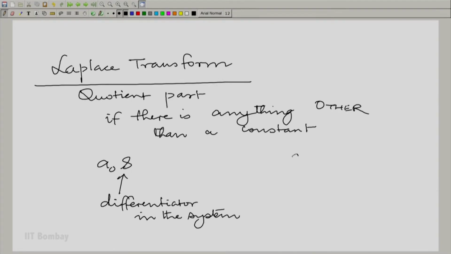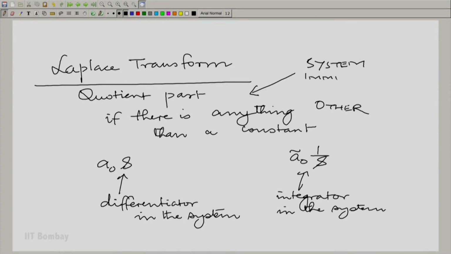If you have a term of the form A0 tilde 1 by S, so negative power of S, there is an integrator coming into the picture in the system. So, the moment there is anything other than a constant in the quotient part, the system immediately becomes unstable.